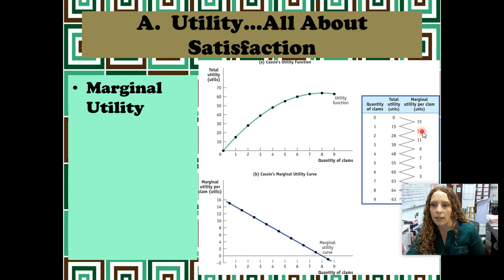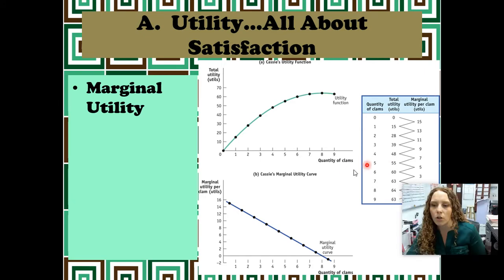So the marginal utility is 13 because that's the difference between 15 and 28. When we go to the third unit, now their total utility is 39. So the marginal utility of that third unit, the third one consumed, is 11 because the difference between 28 and 39 is 11. And it just keeps on going down.